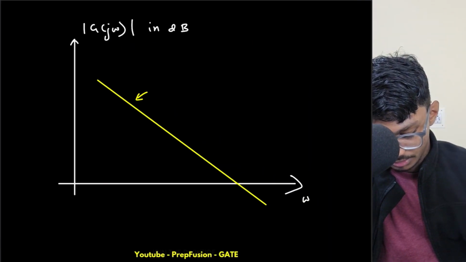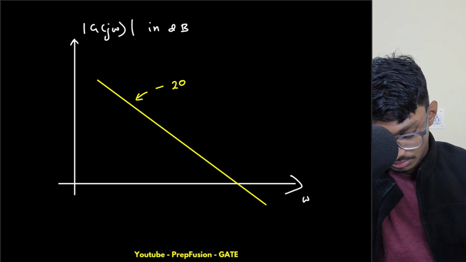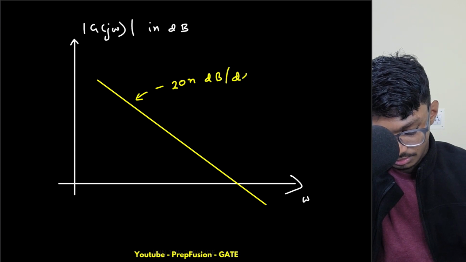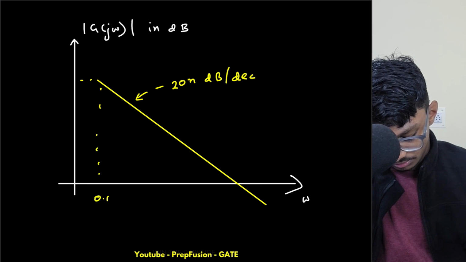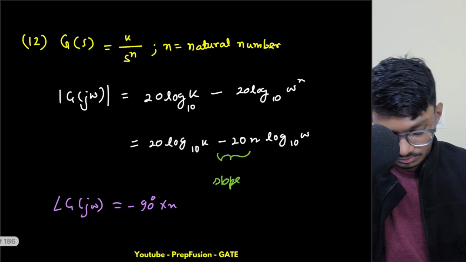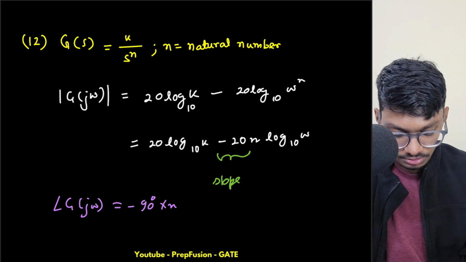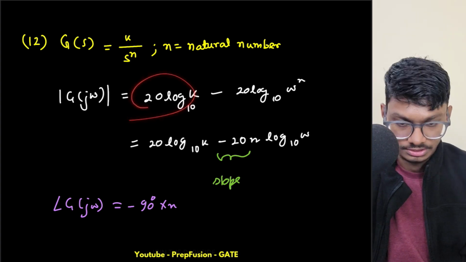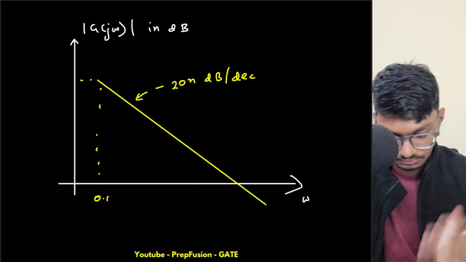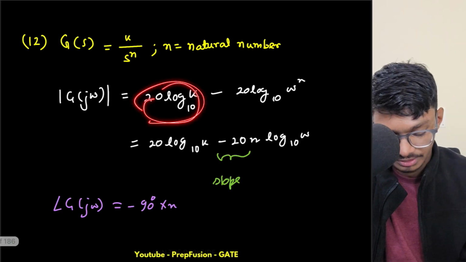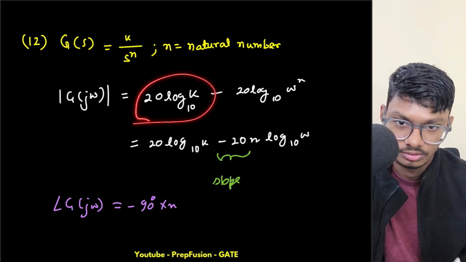Obviously the slope here is minus how much? 20n dB per decade. Okay, and at 0.1 its value will be how much? Minus 20n plus this, and at 10 the value will be like this minus 20n dBs, and at 1 obviously this will be only the value.